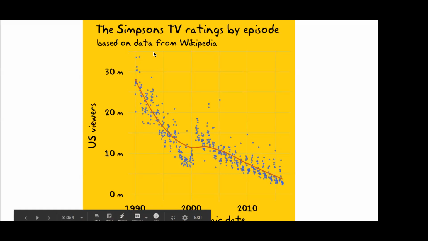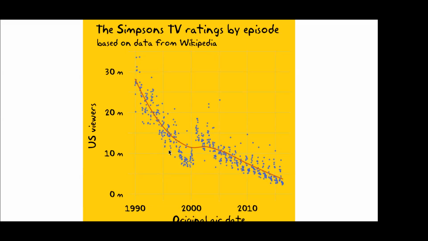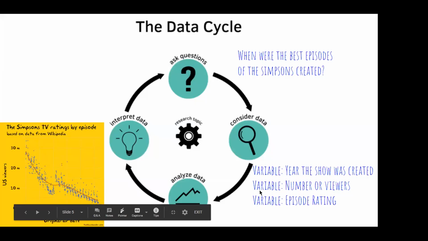So if I wanted to answer my question of when were the best episodes created using this graphic, here's my analyze data section, right? Based on this graphic, it looks like the best episodes were created in the 1990s because those episodes had the highest viewers.